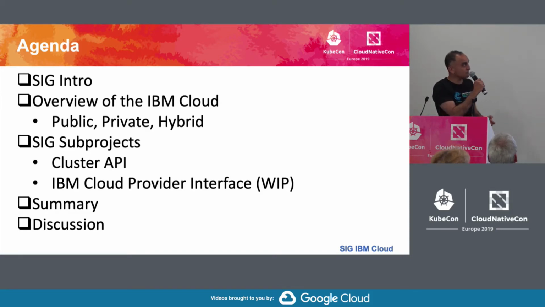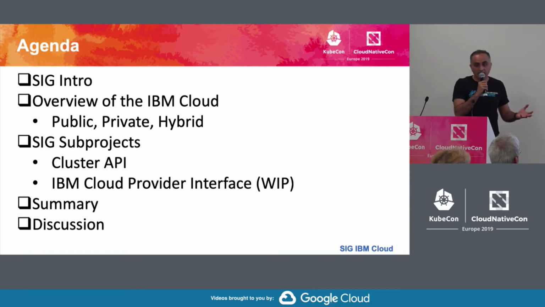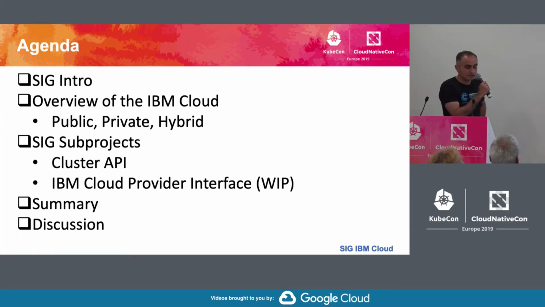So Khalid will be giving an overview of IBM public and private cloud and the hybrid strategy. And that will be followed by a little deep dive with the SIG sub-projects. So we're going to talk about the cluster API, and we're going to talk about the IBM Cloud Provider interface. We're going to summarize the talk, and like I said, we're going to have a lot of time for the discussion afterwards.